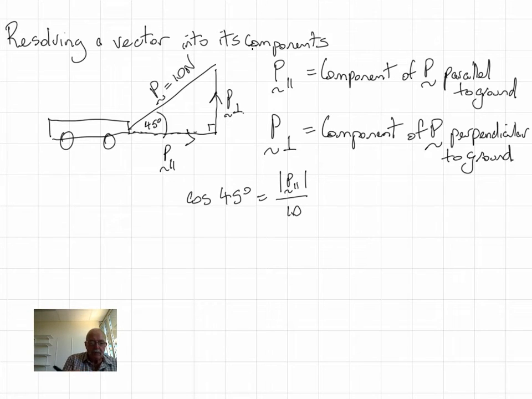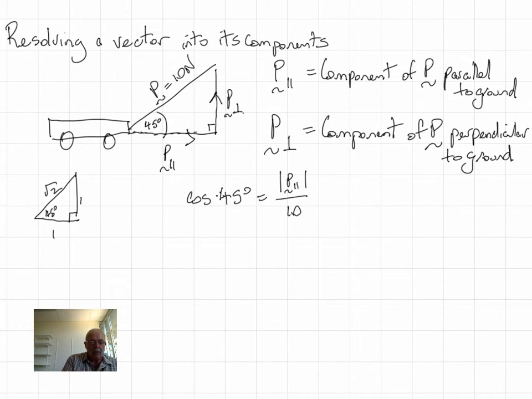And this is where the special triangles came in. We know cos of 45 degrees. As soon as you see that, we should be able to write down our special triangle that's got 45 degrees in it, and we know that's 1, 1 and root 2.